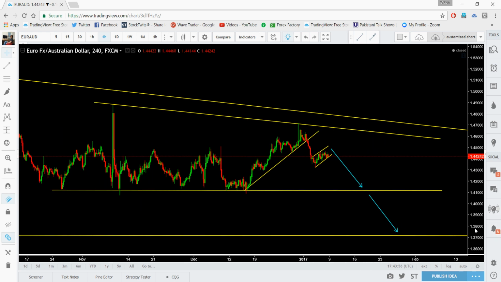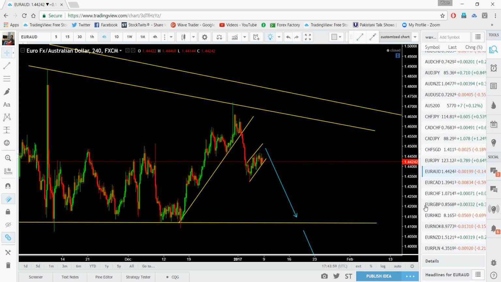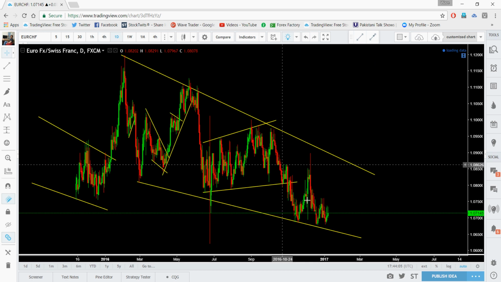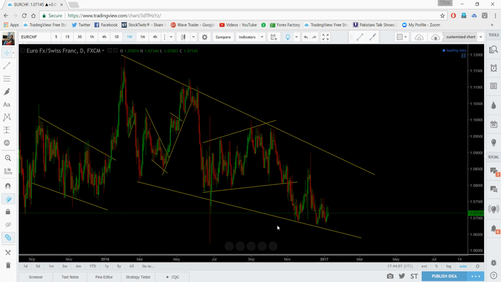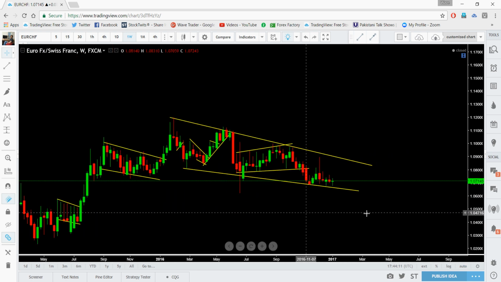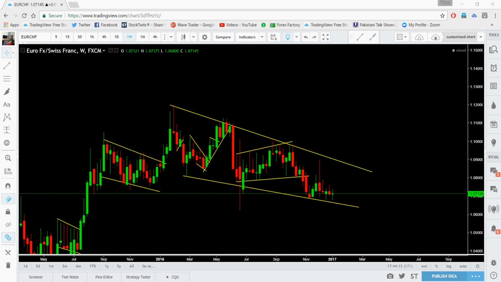Eurocat is not ready. So the next move I'm looking for on this pair is to the upside. Whenever price comes close to the bottom, you need to look for the upside.